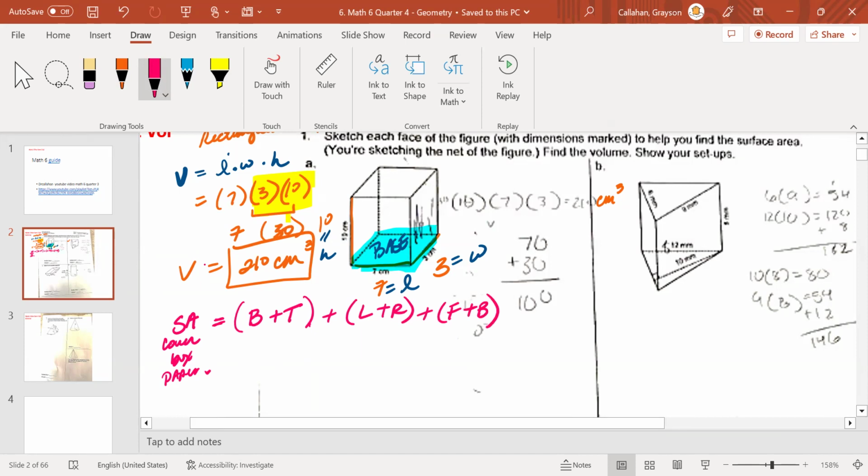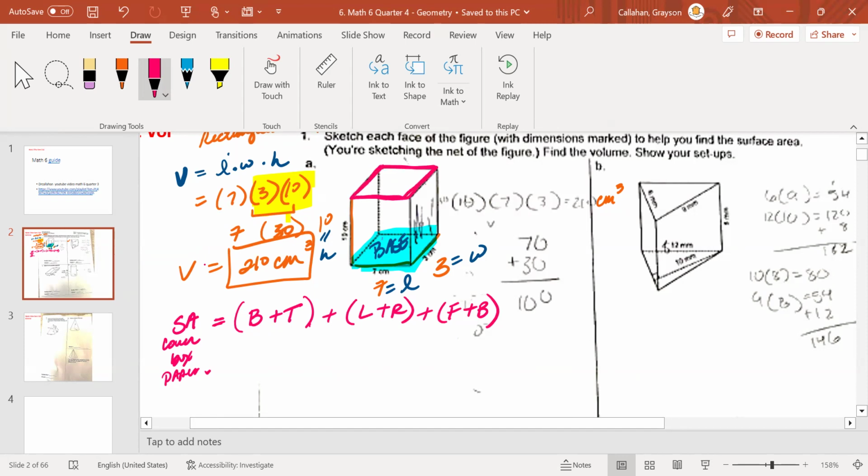Okay. Which 2 numbers make the bottom and the top? Two numbers that make the bottom and the top. Yeah, because do you see the base is the bottom, right? And the top is right here.